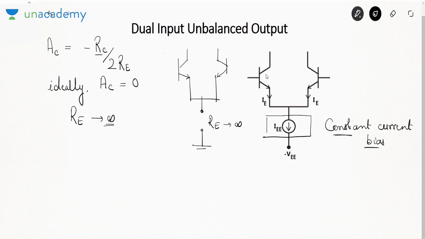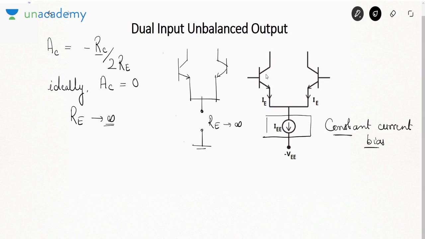Always remember, in AC analysis we make the DC source equal to 0. A DC voltage source becoming 0 means short circuiting, and a DC current source becoming 0 means open circuiting. So if you replace it by a current source, in AC analysis this current source will be open circuited, and then we have achieved RE tending to infinity.